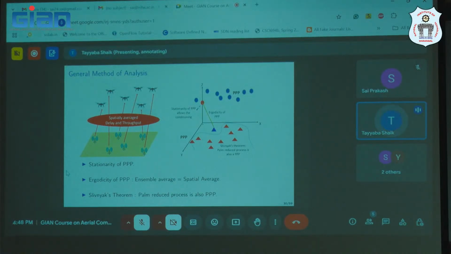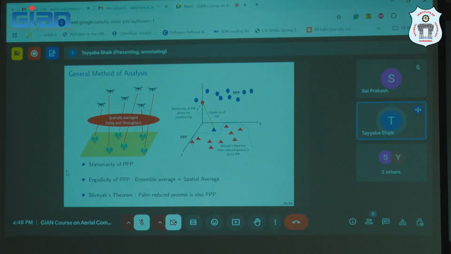Say the delay on this link is 10 slots, on this link 2 slots, 5, 6, 7, 8, and so on. The average amount of delay is what we are interested in. So it is the sum of the delays on each link divided by the total number of links. But evaluating this spatially averaged delay is the same as finding the ensemble average delay, from the ergodicity of the point process. So we will use that property to find the mean delay.